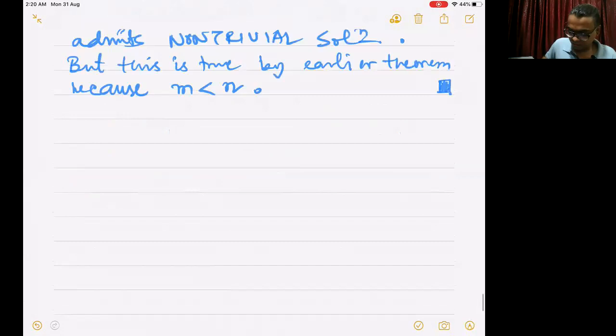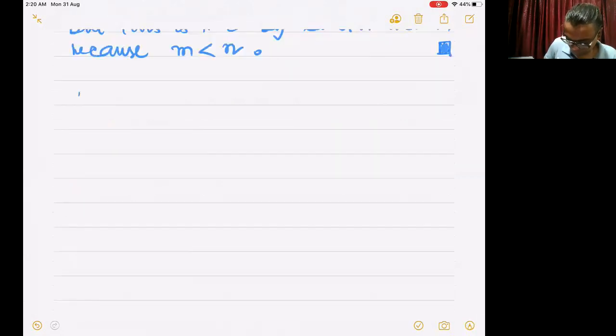Now I will write two corollaries of this result. Two quick important corollaries. Corollary number 1.